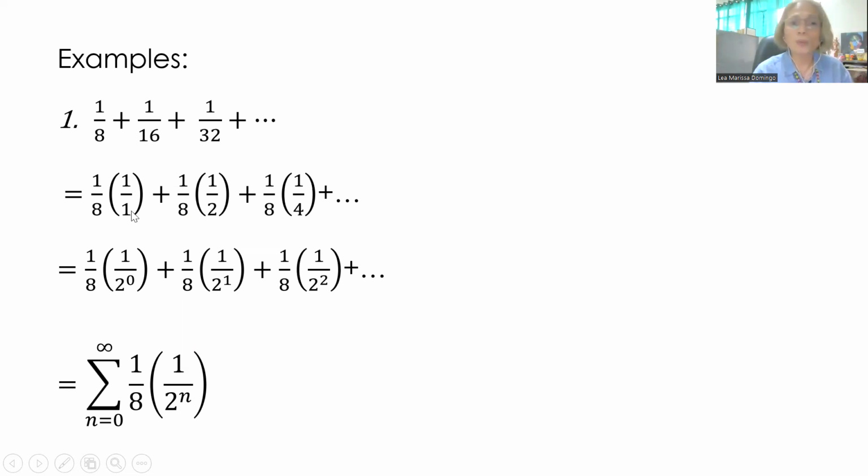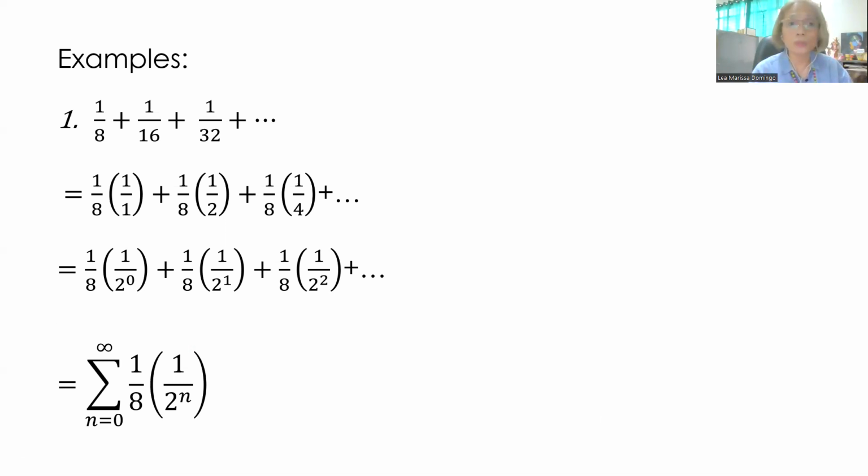Paano natin magagawang pare-pareho yung 1 over 1, 1 half, and 1 fourth? Pwede natin silang lahat i-express as an exponent with a base 2. Okay? So, we can write 1 as 2 raised to the 0, di ba?